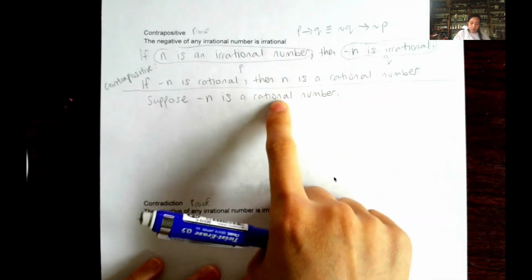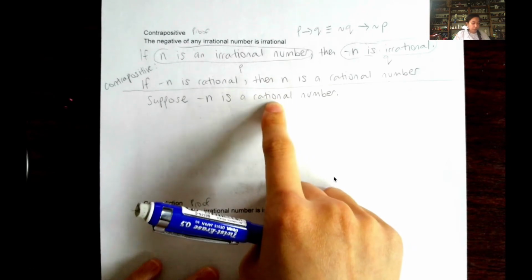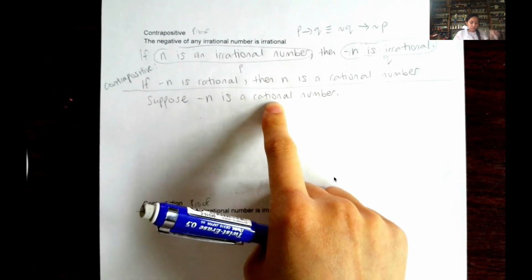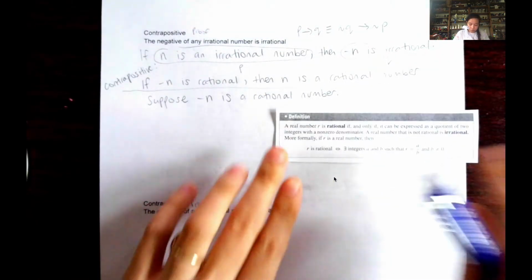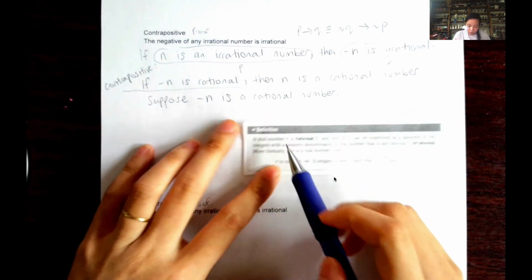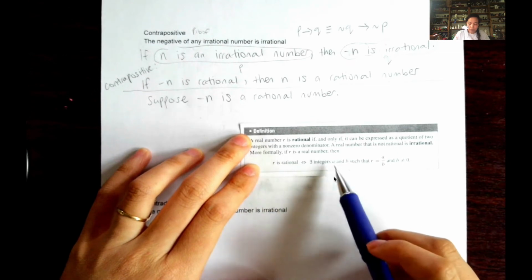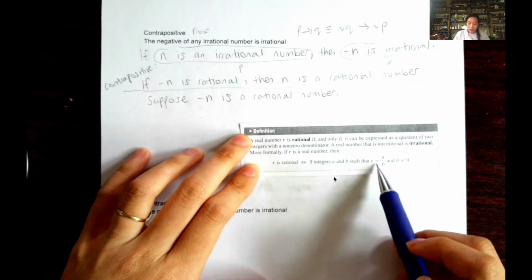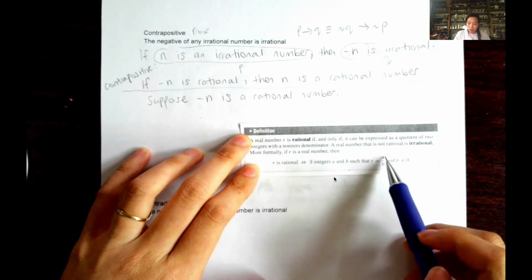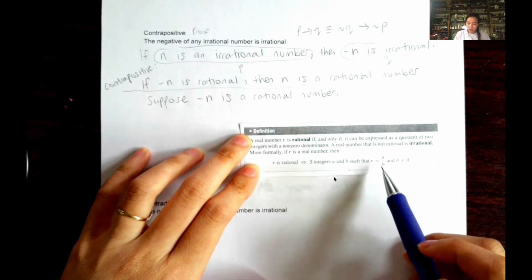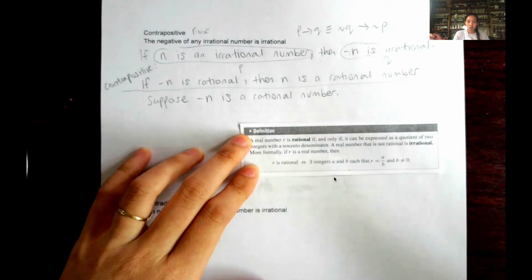So now we want to define the technical terms. So rational is a technical term. So the definition of rational says, a number is rational when there exists integers a and b such that the number can be represented as a quotient of two integers and the denominator is not 0.